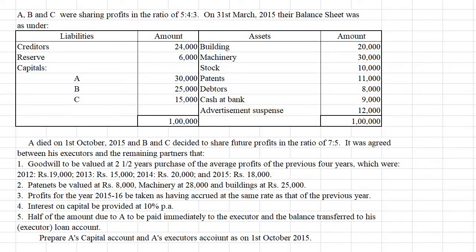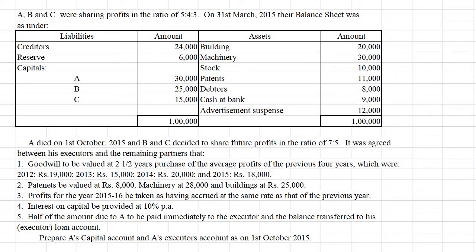So here is an example. A, B and C were sharing profits in the ratio of 5:4:3. Their balance sheet as on 31st March 2015 is given. And on 1st October 2015, A died and B and C decided to share the future profits in the ratio of 7:5. See, B and C, the continuing partners, decided to share their future profits in a different ratio.